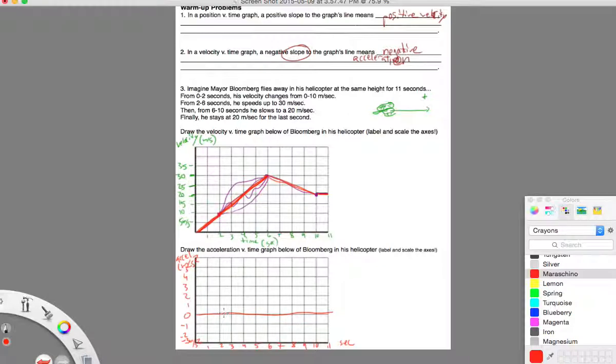So it should be 5. So the acceleration, the slope at this point, is 5. So I'll make that right there. And the slope is the same all the way through here, up to 6. So the acceleration is the same. It accelerates like crazy. It should be a flat line. I could have made that a different color, and I will. It should be blueberry.